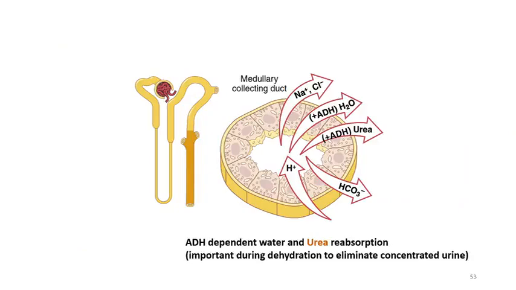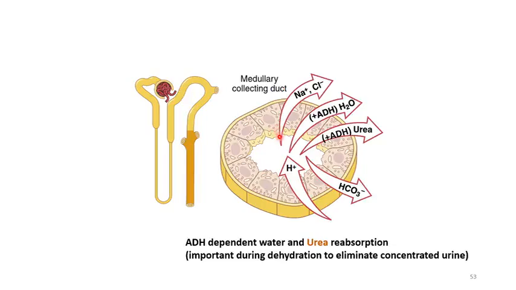And finally, the last part of the nephron, the medullary collecting duct, plays a role in final processing of the tubular fluid, and this processing occurs before the tubular fluid leaves the nephron and enters the minor and major calyces and renal pelvis, and through the ureter enters the bladder.